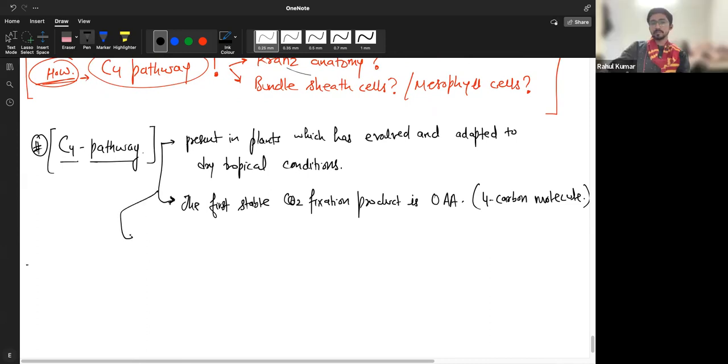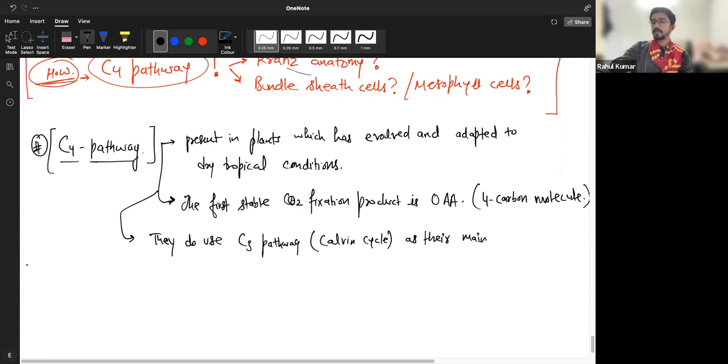And the third thing is that though they have oxaloacetic acid as the first CO2 fixation product, they do use the C3 pathway, which is known as the Calvin cycle, as their major or main biosynthetic pathway.